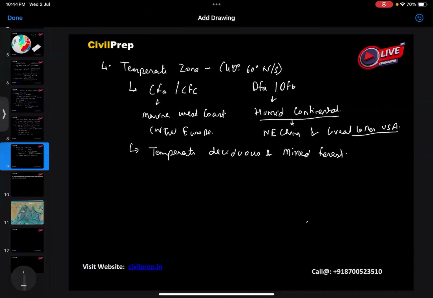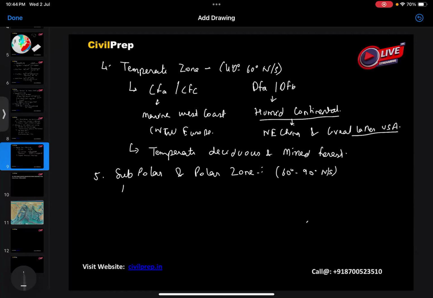Now, moving to the fifth type of climate classification, that is the subpolar and polar zone. Under the subpolar and polar zone, it is present between 60° to 90° north and south of equator.